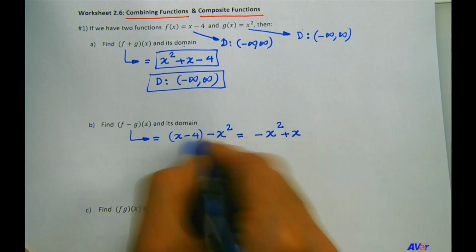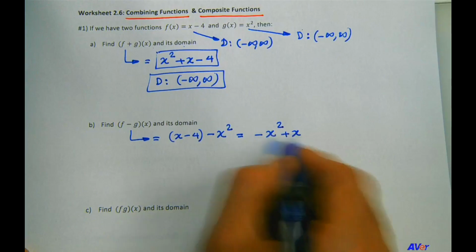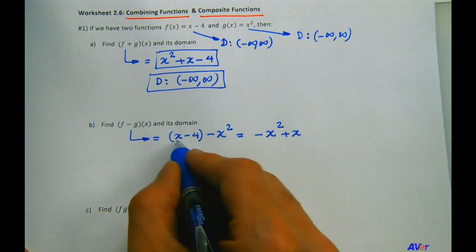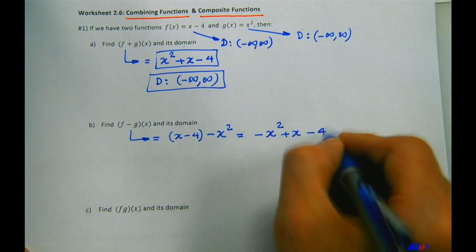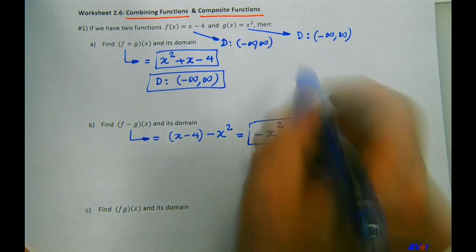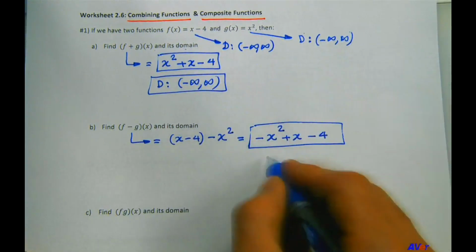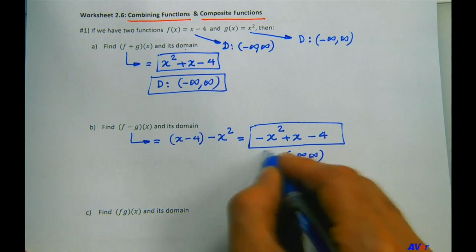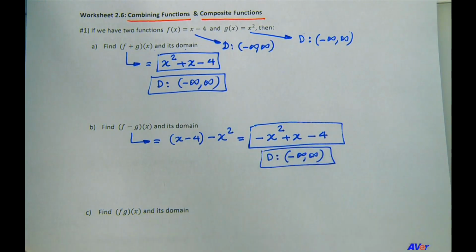I'm just putting these terms in descending order of power. So that's the combined function. And the domain of this is the intersection of these two, right? Intersection would be negative infinity to infinity, like that.